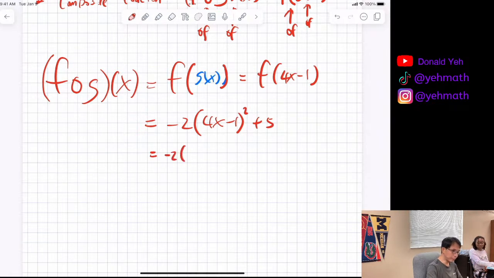Do I need to go through it again? Just don't make mistakes. Just write it out. Don't be lazy. I have people in my calculus class do this all the time.